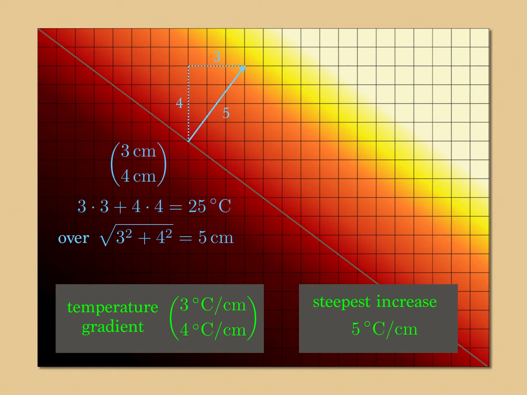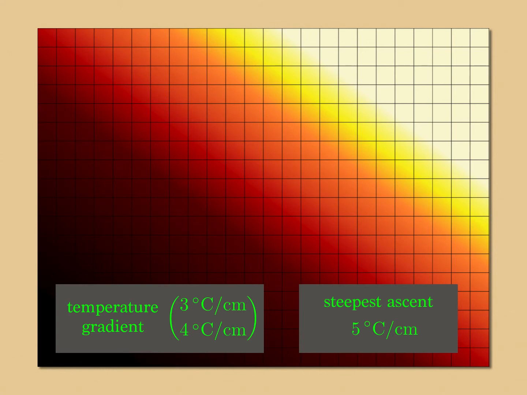So the components of the temperature gradient, even though their units do not make it a simple translation vector, still tell us two things. The direction of steepest increase, that is the direction (3, 4), and the length of the temperature gradient is the rate of temperature increase along that particular direction.